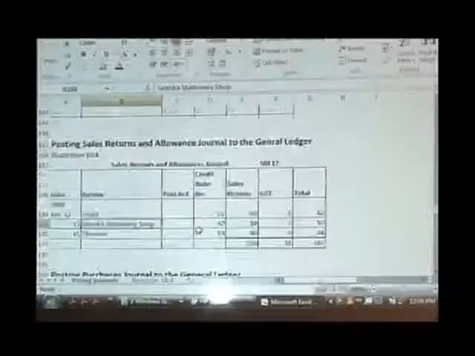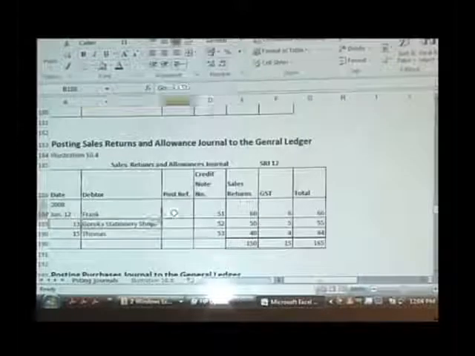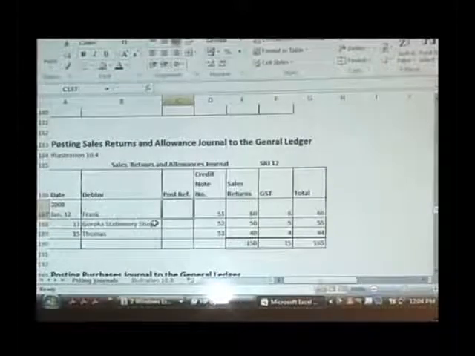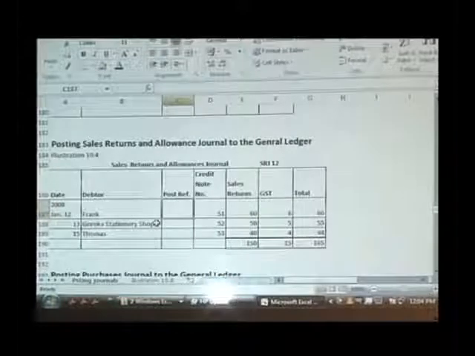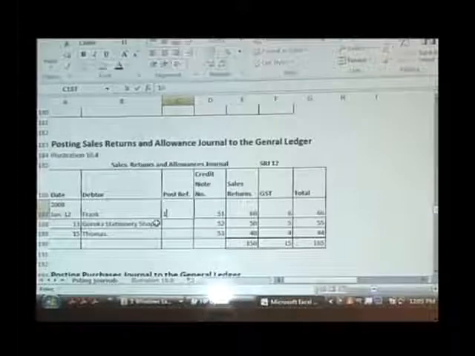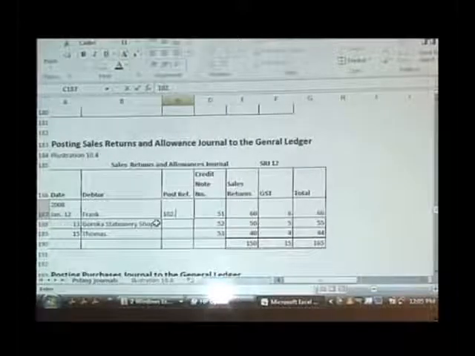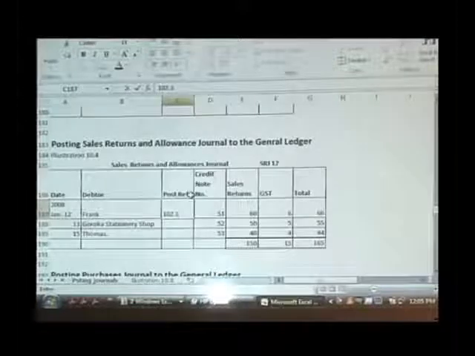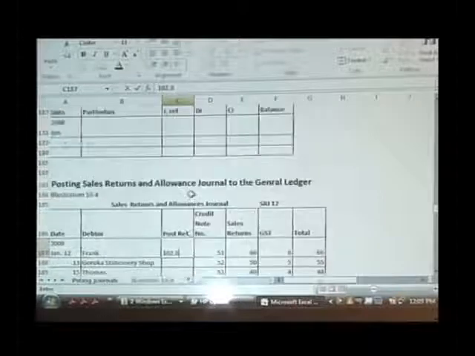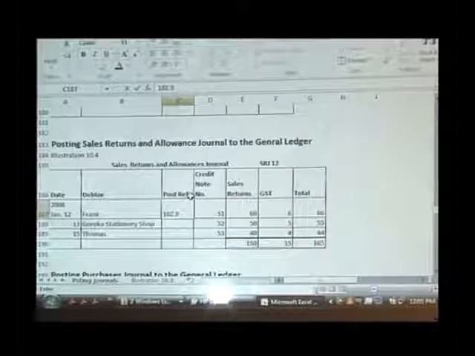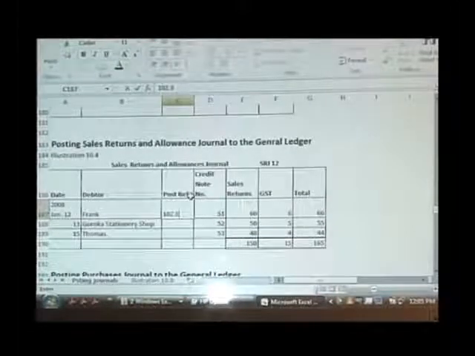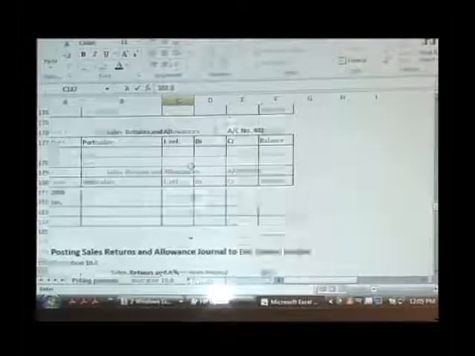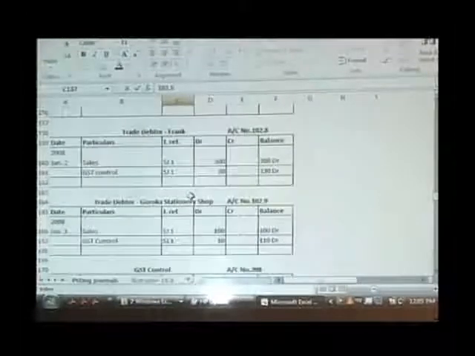Okay, let's look at the sales returns and allowances journal. Frank's account, as you know, is 102.8. It's here.